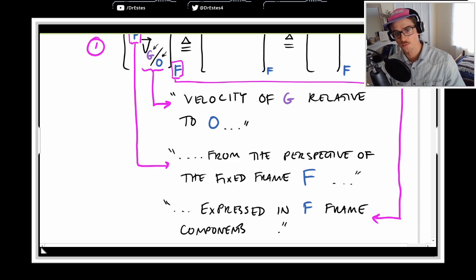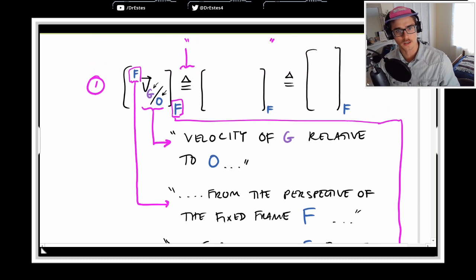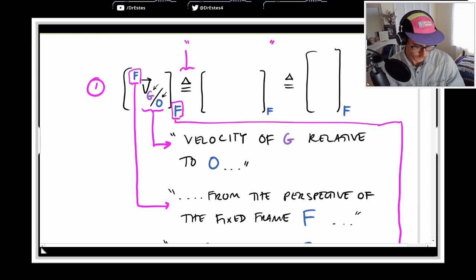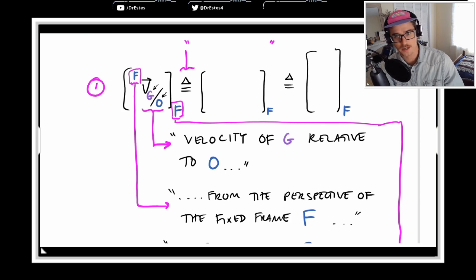Now, just because you write a vector in terms of the components of a certain basis, that doesn't mean it's from the perspective of that basis. And I know that sounds confusing, so I'm going to try to clear it up a little bit right here. So, okay, the velocity of g with respect to O from the perspective of the f-frame.